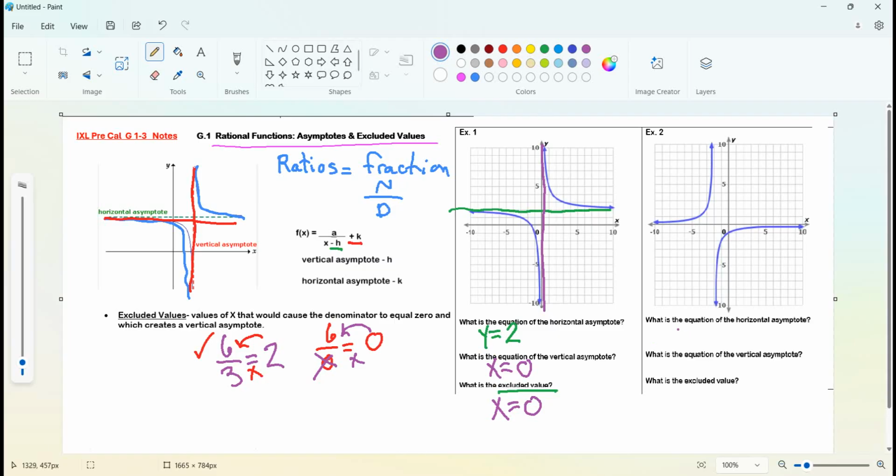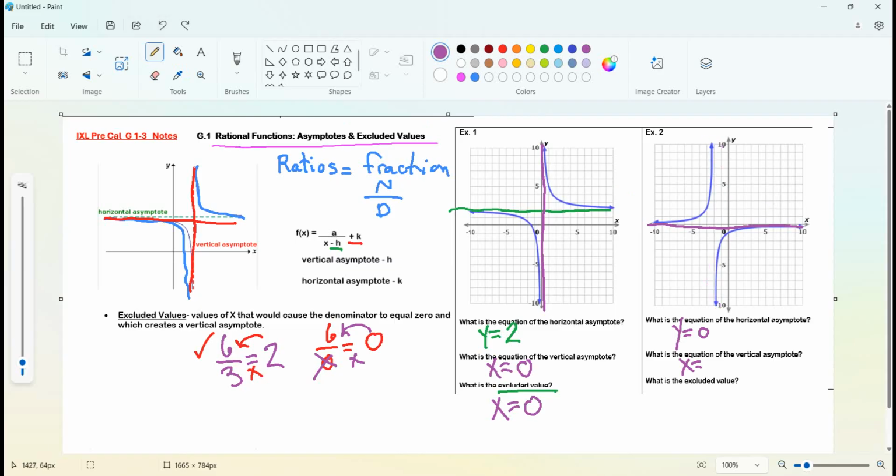All right, on this one, what is the equation of the horizontal asymptote? Horizontally goes this way, so it's easier for me to see at the end of the graph. And that's going to be where y equals 0. And the equation of the vertical asymptote is an x value. So we're looking vertically like this. And, ooh, that was really bad. I can't let that stand.